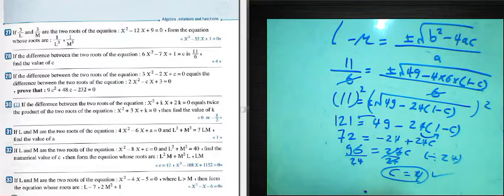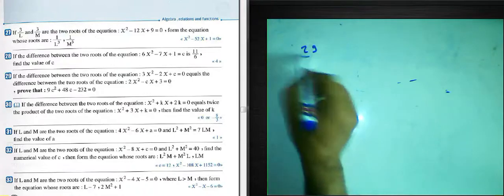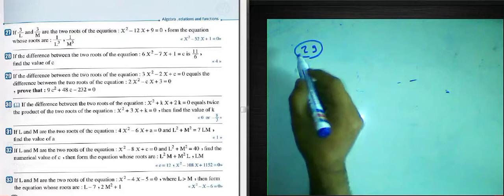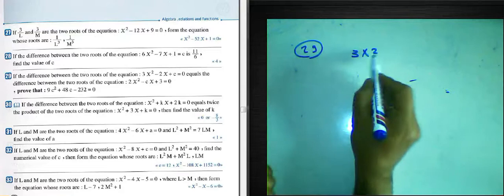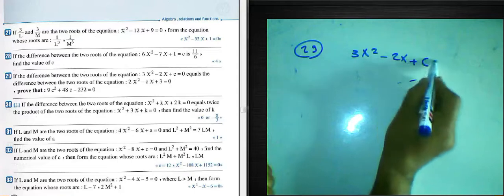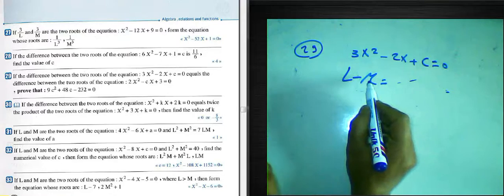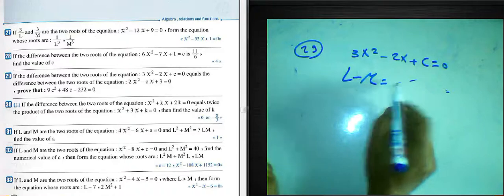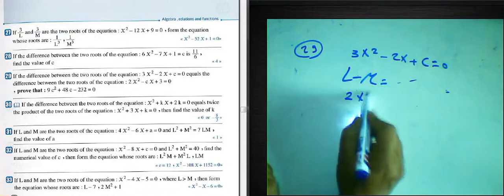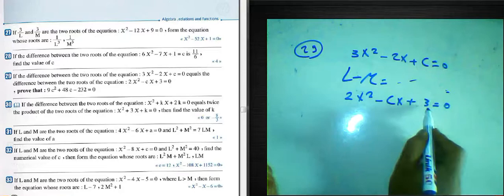Okay, question 29. The difference between two roots of the equation 3x squared minus 2x plus c equals 0 equals the difference between roots of the equation 2x squared subtract cx plus 3 equals 0.